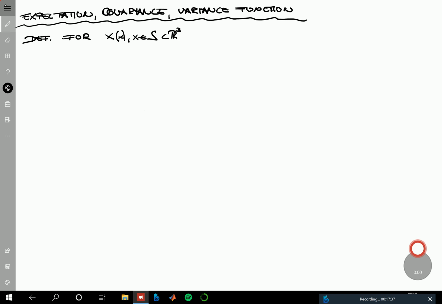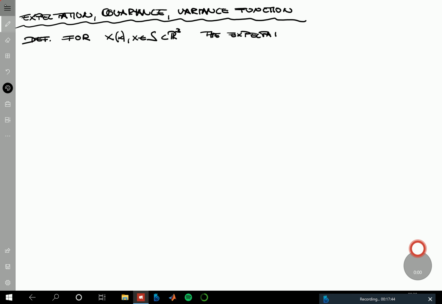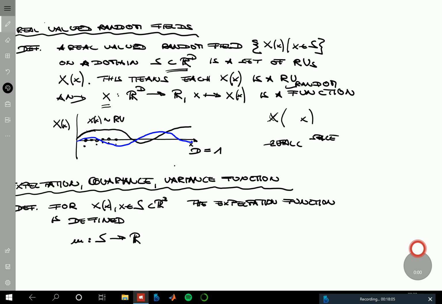So for a random field, the expectation function is defined as follows: M from S to R. So remember also here the values that the random field takes on are always real numbers.